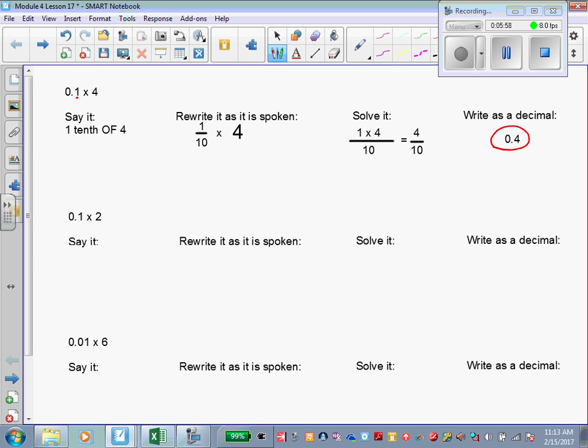Well, again, what you're saying is, this is kind of repeated multiplication or repeated addition. So you're saying 1/10 plus 1/10 plus 1/10 plus 1/10 is 1, 2, 3, 4 tenths. And 4 tenths is written as 0.4. Okay? Here. What's the difference between tens and tenths?